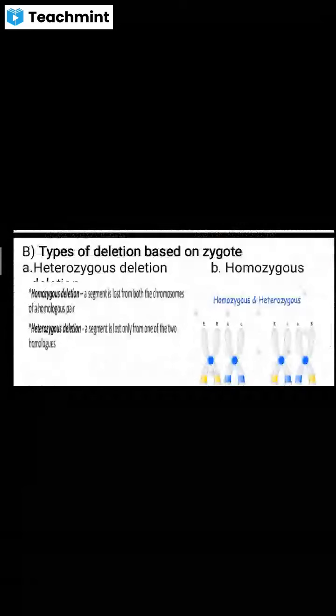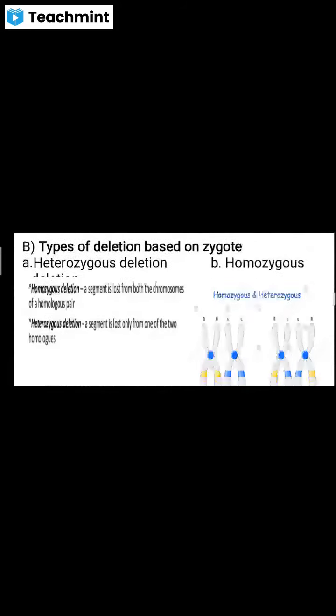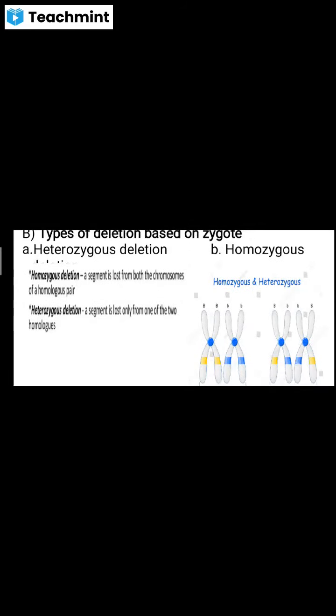Here, the deletion chromosomal aberration has two types based on the zygote formation: heterozygous deletion and homozygous deletion.